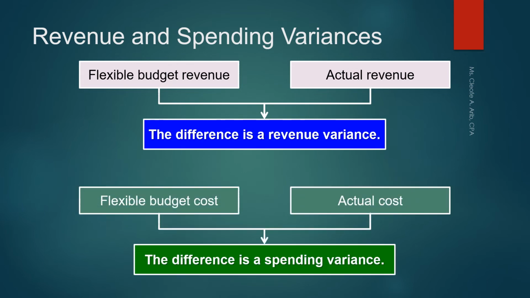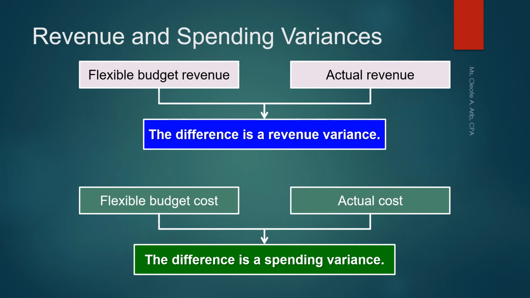With regards to your spending variance, how do we compute that? Again, just get the difference between your flexible budget cost and your actual cost. Now, the question is, how do you determine if the variance is favorable or unfavorable?